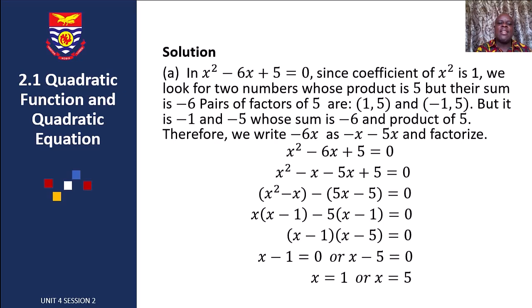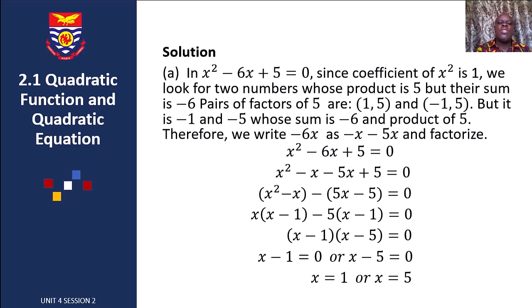Negative 1 times 5 will give you negative 5, but what we are considering is positive 5. Then let's look at negative 1 and negative 5. Negative 1 times negative 5 gives positive 5, and negative 1 plus negative 5 gives negative 6. So the two numbers that we will consider are negative 1 and negative 5.